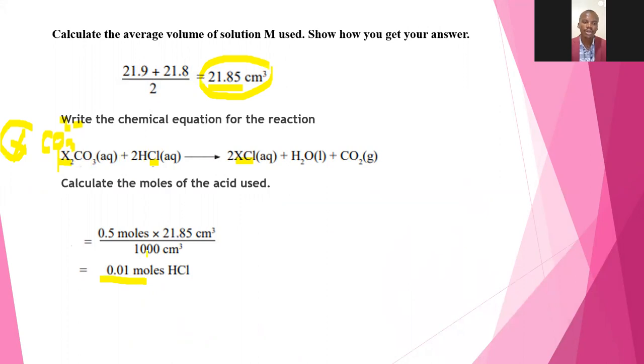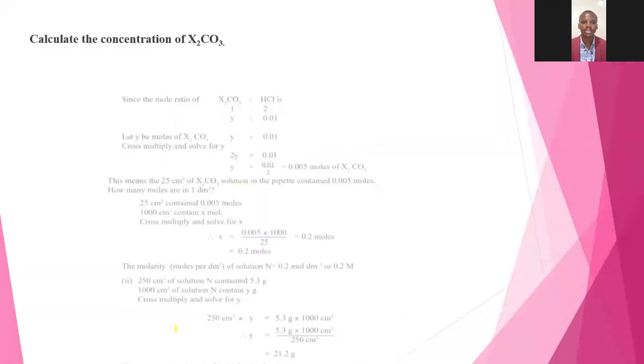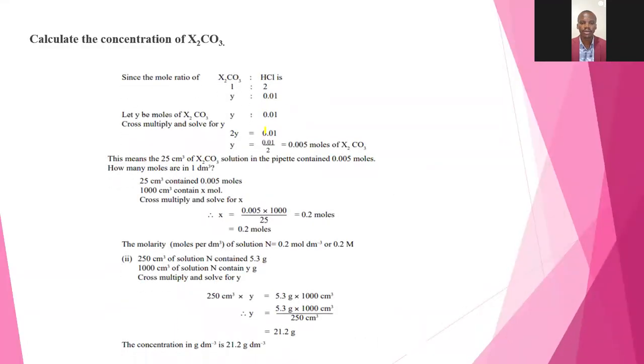And we know the moles of the acid, which is 0.01. So if 2 is equivalent to this, now 1 will be what? So it will be 1 times this one divided by 2, which will give you 0.005. So that is what we have said here.